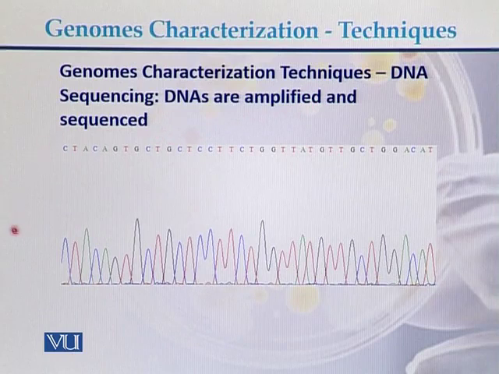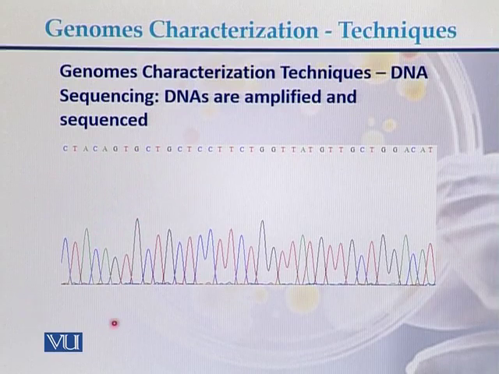When we sequence the DNA, we see peaks: this is the blue peak of cytosine, a red peak is of thymine, the green peak is of adenine, and this is the black peak, which is of guanine.